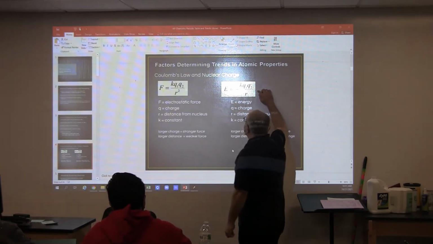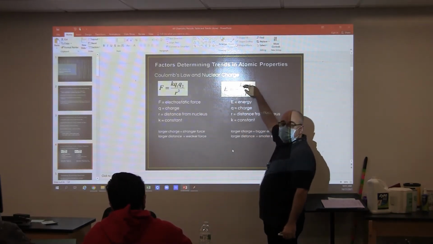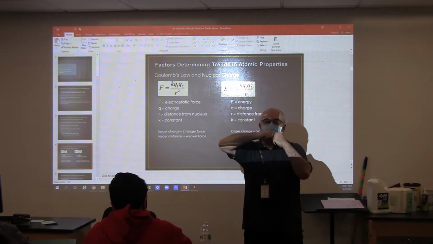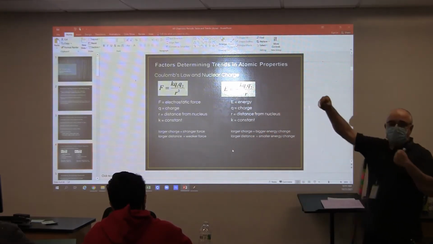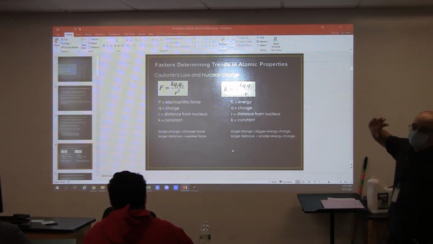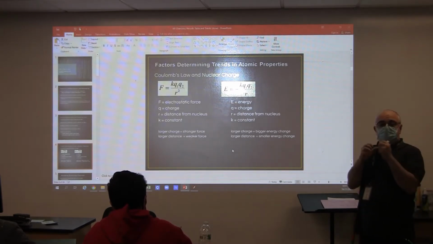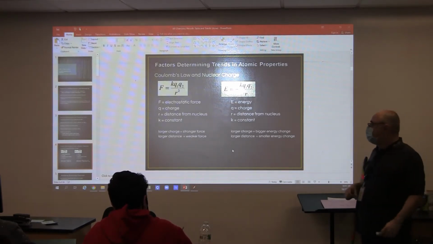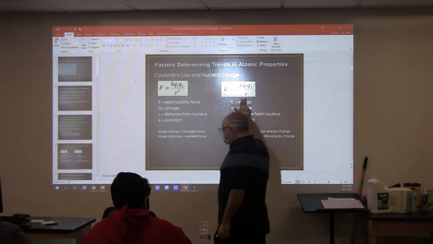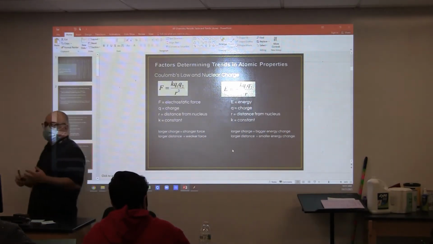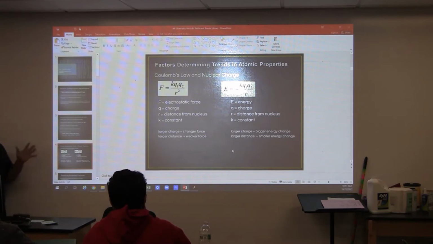By the same token, the greater the charge between two particles, the more energy it takes to separate them if they're attracting each other, or to force them together if they're repelling each other. So the more the charge, the harder it is to move them toward or away from each other. And again, the greater the distance, the less energy is between them. With these principles alone, we will largely be able to explain most of how the properties of the elements behave.